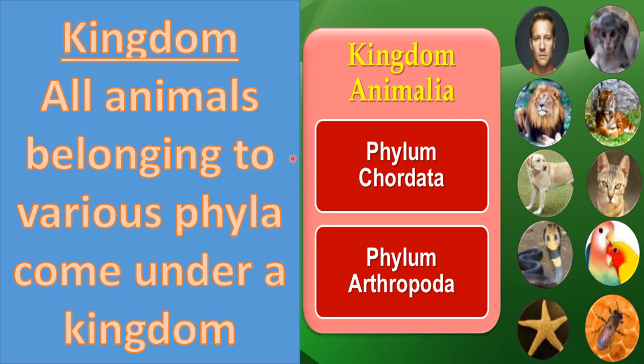So there can be many phyla for the kingdom Animalia, like Phylum Chordata, Phylum Arthropoda, Phylum Mollusca. So all these phyla will come under the same kingdom. And what is that kingdom? Animalia. So all these animals are under the same kingdom, right?